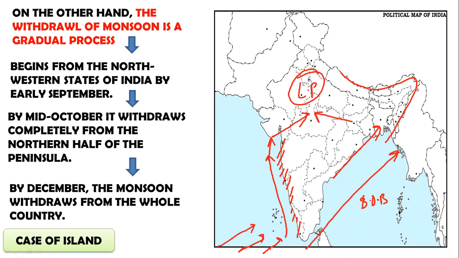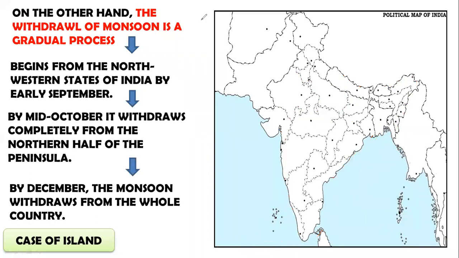Now when both the branches have deflected towards the center of India, they merge over the Ganga plains and cause rainfall in the entire northern part of India. So this is the entire process of the onset of monsoon.